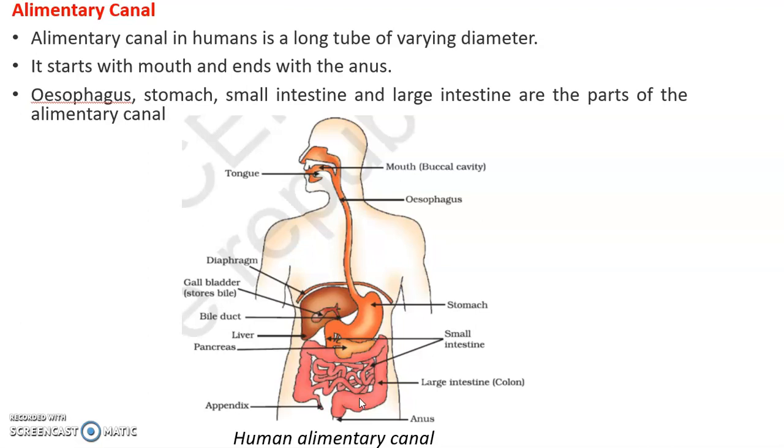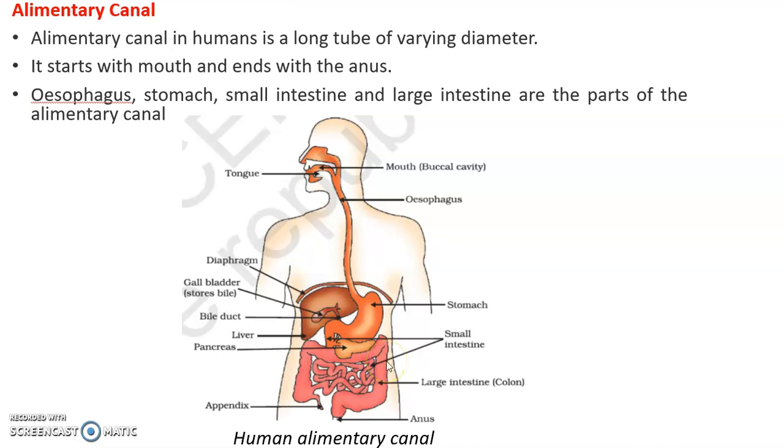The internal surface of the small intestine has finger-like projections called villi, and most of the chemical digestion and absorption takes place in the small intestine only.